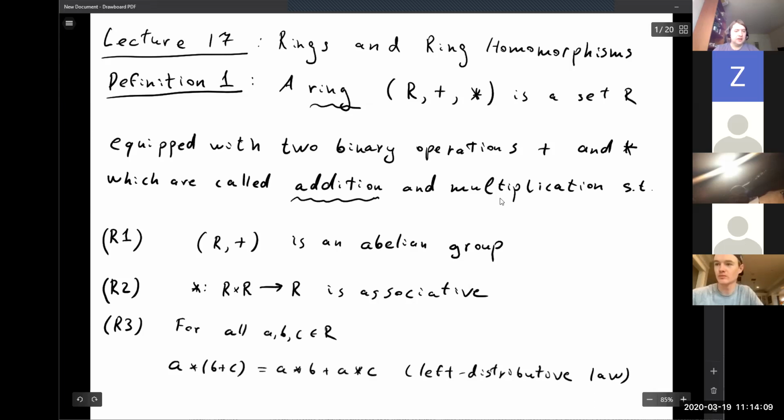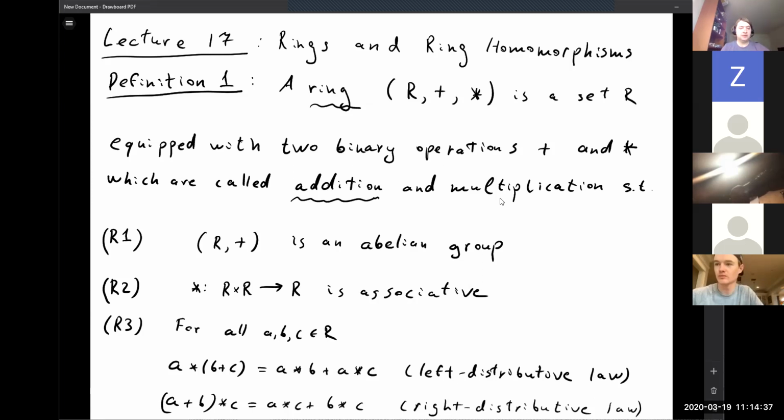And similarly, if we take a sum of A and B and multiply it by C, that's the same as if we take the result of multiplication AC and add the result of multiplication BC. And that's called the right distributive law. So the set together with two binary operations satisfying properties R1 to R3 is called a ring.